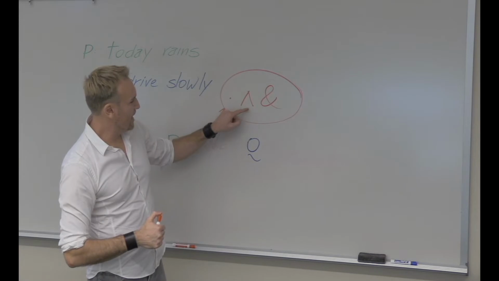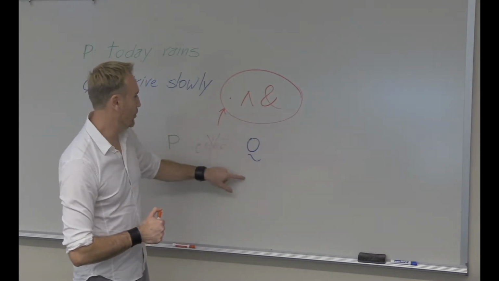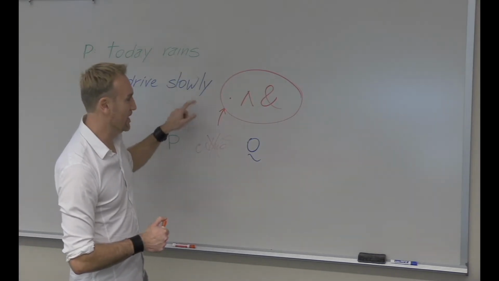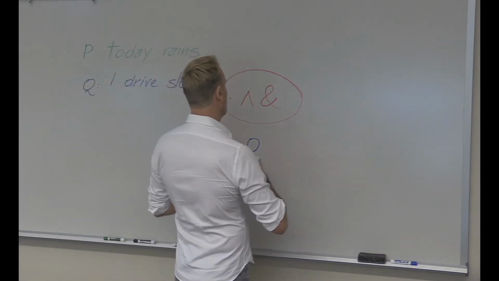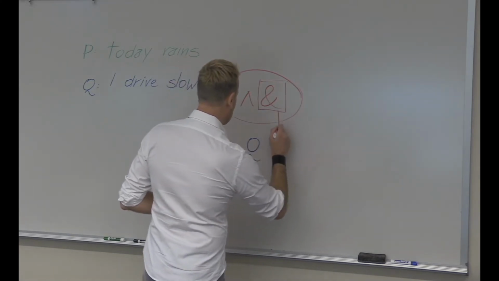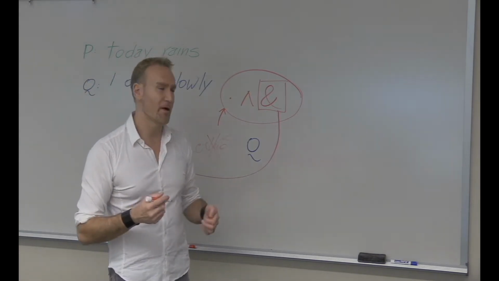P and Q, P and Q, P and Q. Again, today rains and I drive slowly. Now, I would not advise you to use this one a lot because it's too confusing, and obviously it does not apply only to mathematical logic.